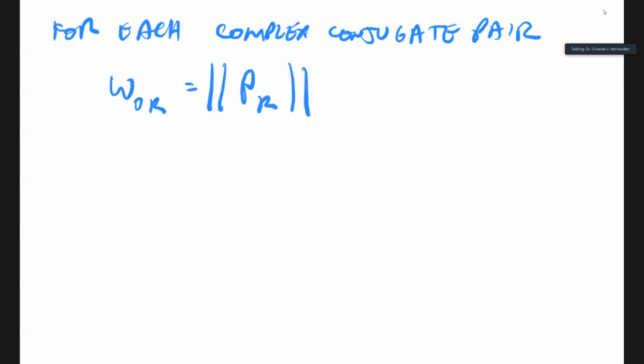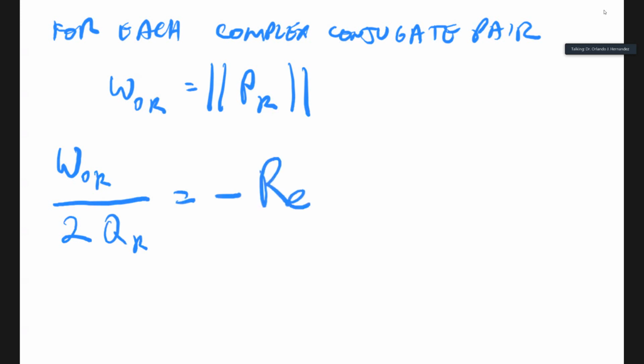And also, to introduce the quality factor of the pole, we have the relationship that the natural frequency of the pole divided by 2 times the quality factor of that pole is equal to the negative of the real part of the pole.